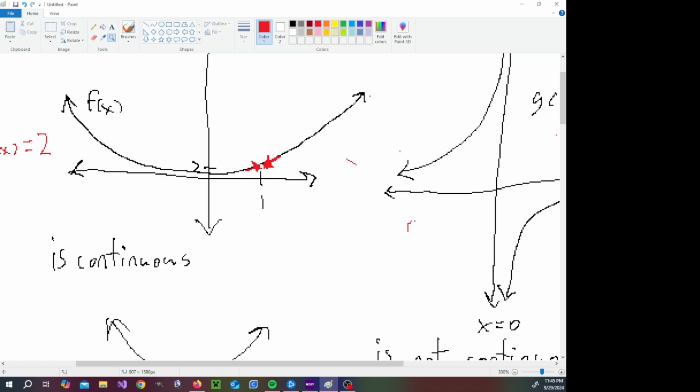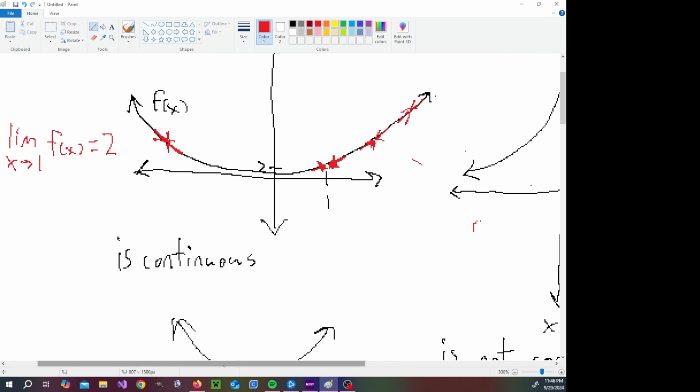Anywhere along this parabola, it doesn't matter where exactly I'm looking, from the left and the right, these limits agree. Anywhere on this parabola, my limit looks exactly like just looking at the function at that value.